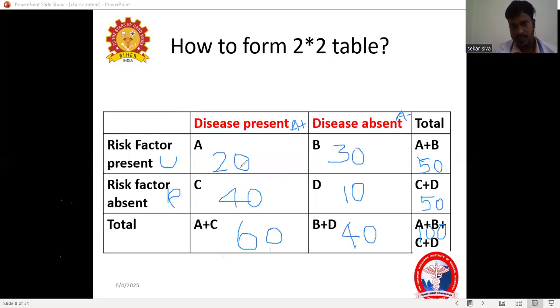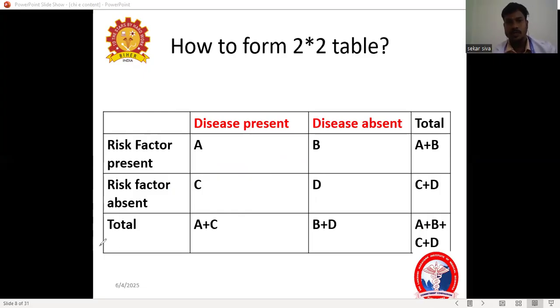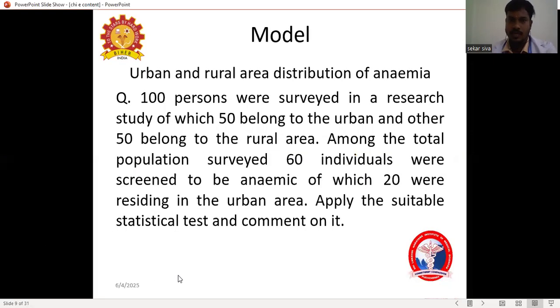In that 60 total anemic patients, 20 are residing in the urban area. The remaining part is from the rural area. So we have to subtract all these things. We get a proper 2 by 2 contingency table. This is how we have to make a 2×2 contingency table from the given scenario.